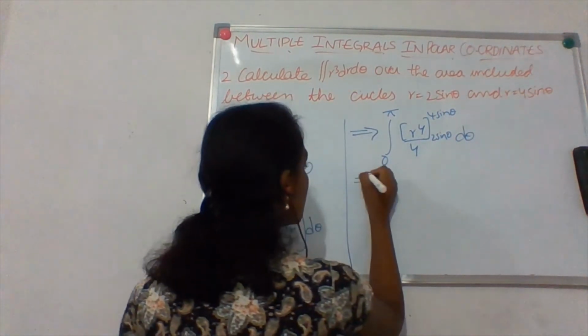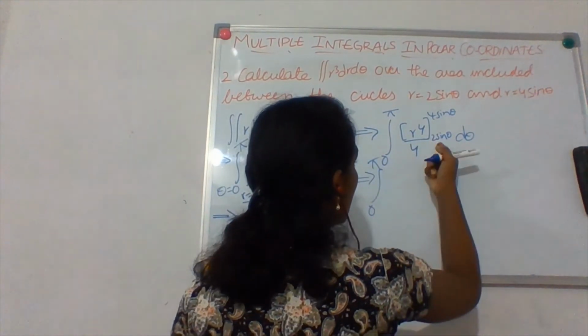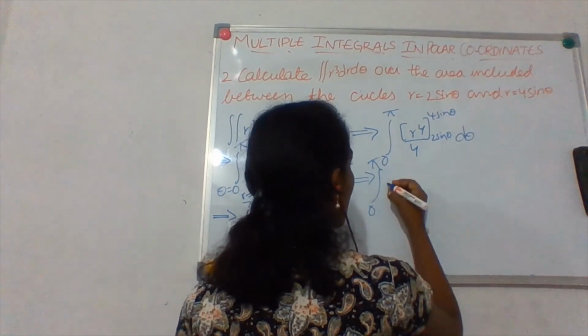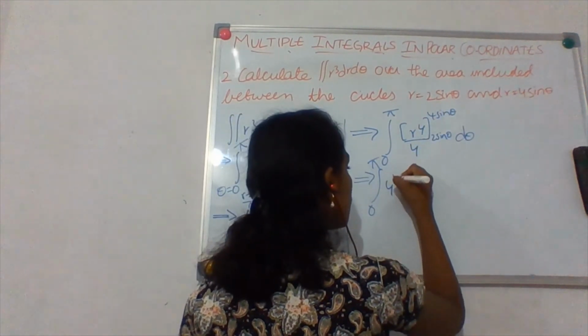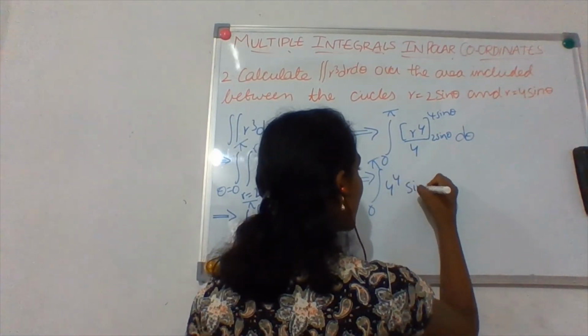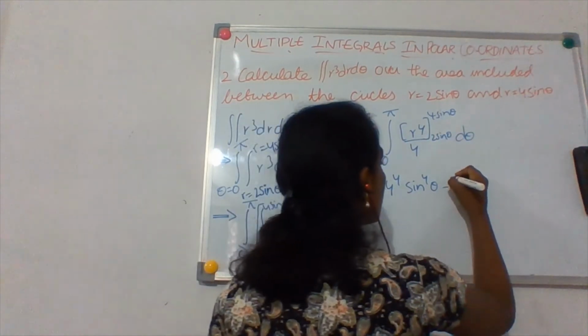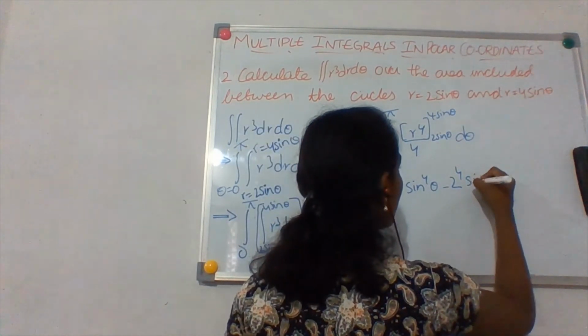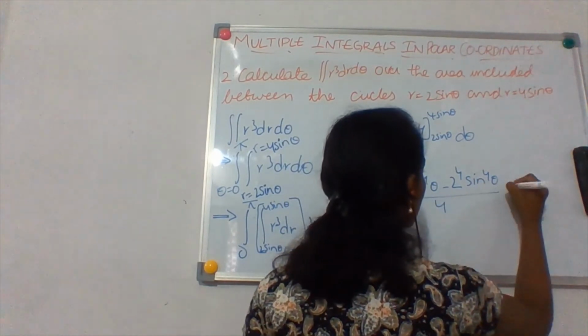Okay, so this implies 0 to pi of (4 sin theta) whole power 4, that means 4 power 4 into sin power 4 theta, minus 2 power 4 into sin power 4 theta, all by 4, d theta.